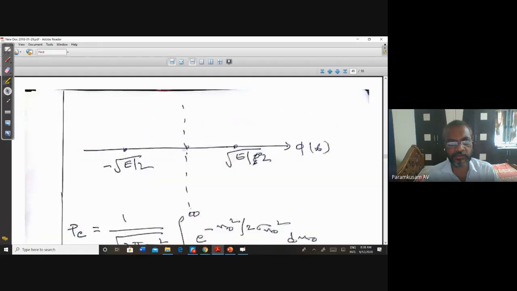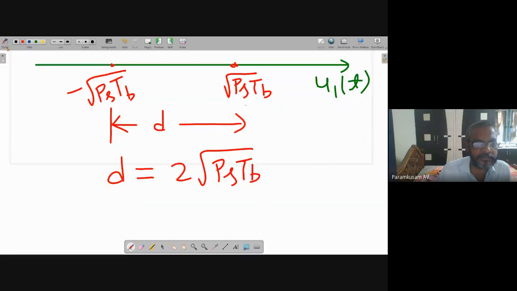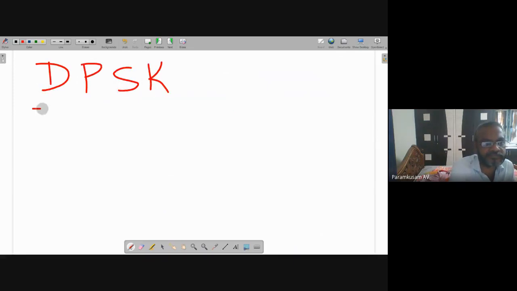Next we go to differential phase shift key. You note that differential phase shift key, DPSK.